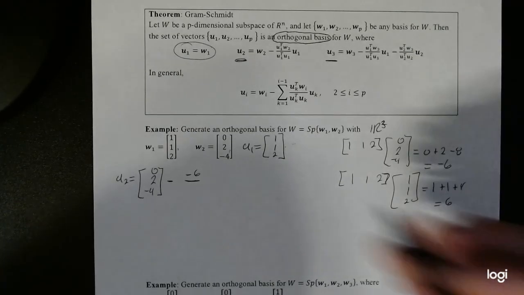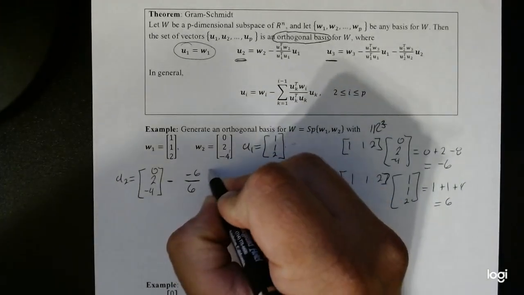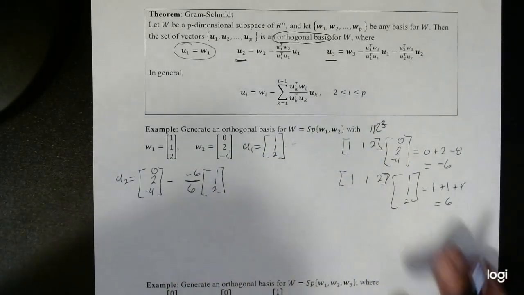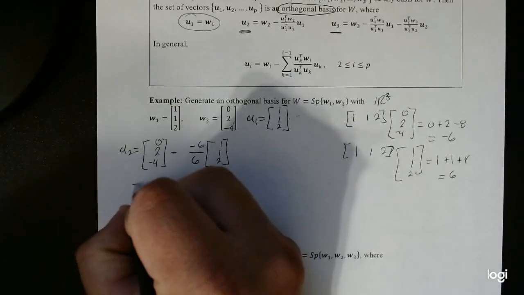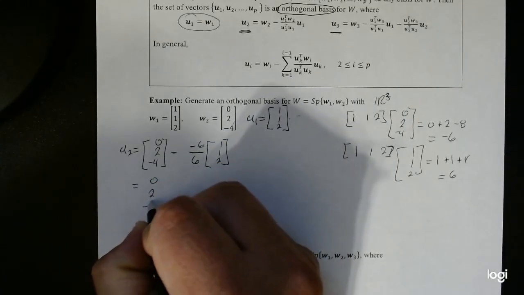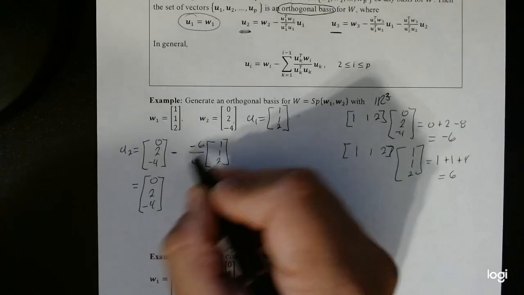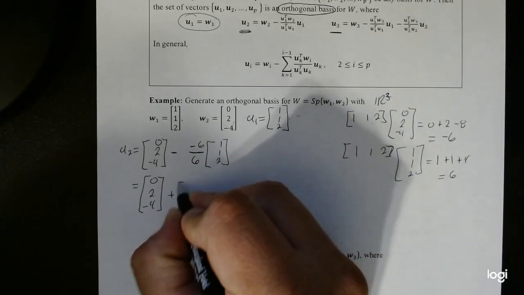And then times the original U. So this ends up being negative, negative, negative, positive, so I'm just adding all this together.